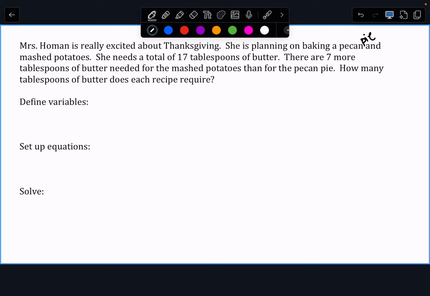Okay, so if I'm looking for 2 things and I call them X and Y, what are our 2 unknowns? Okay, so tablespoons of butter. What do you want X to be? The pie or the taters?